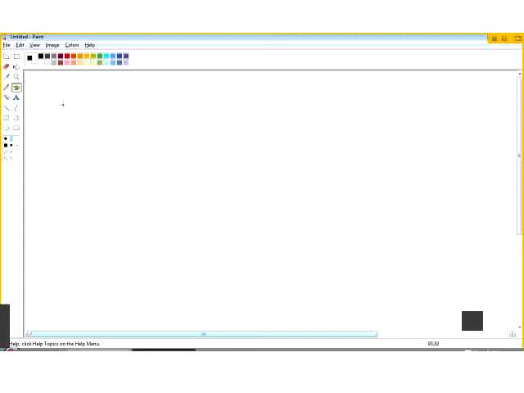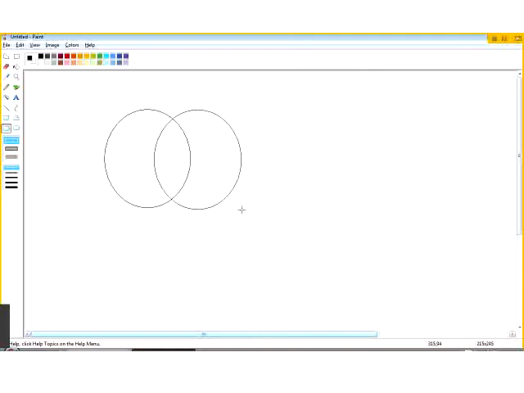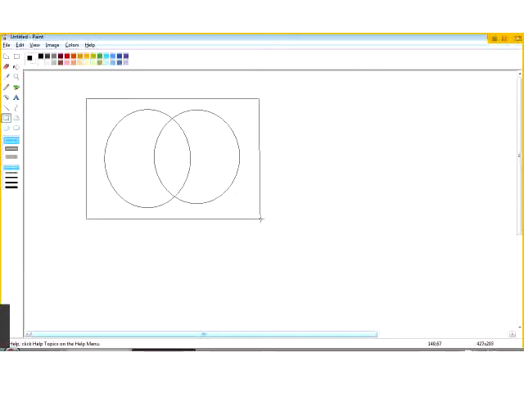So let's say we have a universal set, and I'm going to do a quick sketch of our two sets and our universal set. I have my two sets there, and I have my universal set, and I'm going to put in the numbers.